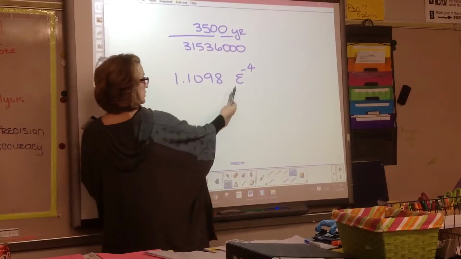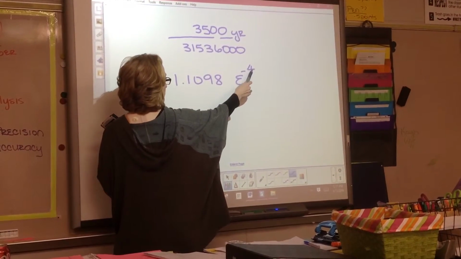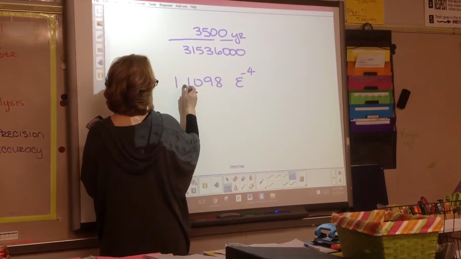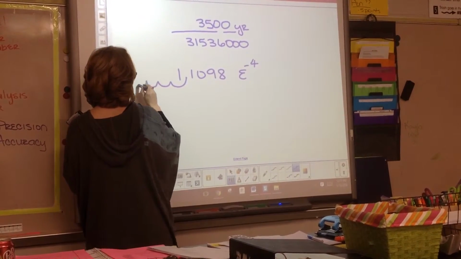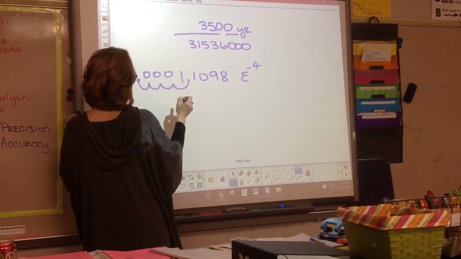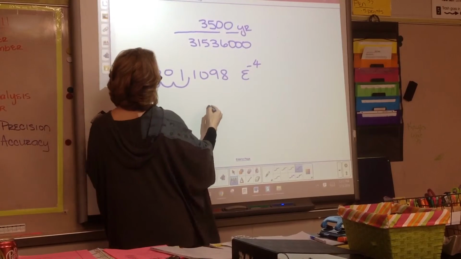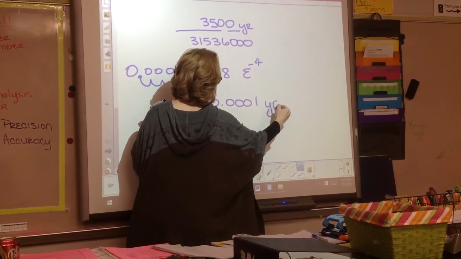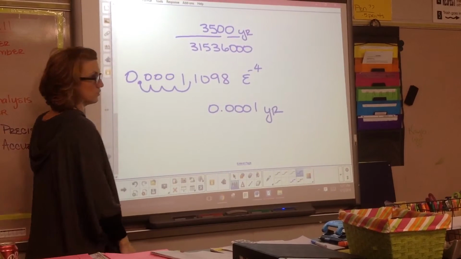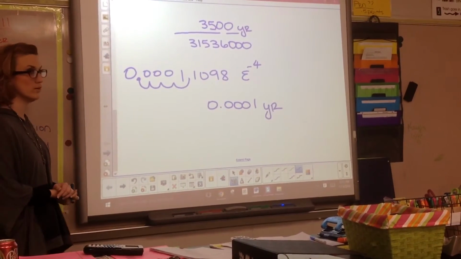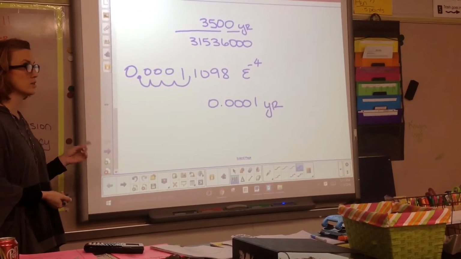This is scientific notation. This means we're going to take the decimal place and move it in the negative direction 4 times. So 1, 2, 3, 4, and these will be zeros, okay? So we'll have this as our final answer. We've now converted 3,500 seconds into years.